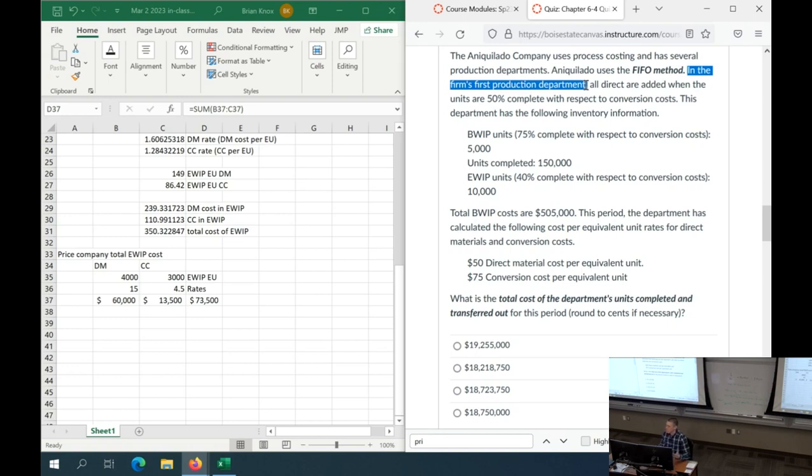So we're starting the process. We're not going to have any transferred in costs from a previous department. We're the first one. That's why we can get away with just these two categories of cost. Anyway, it's a dumpling problem. So all direct materials are going to be added right at the point where the units are 50% complete with respect to conversion costs. And we have the following information here.